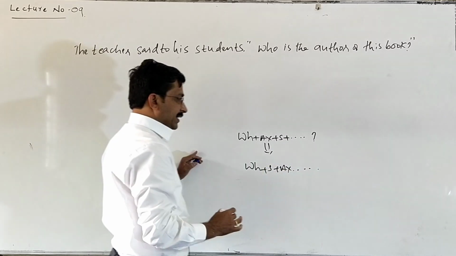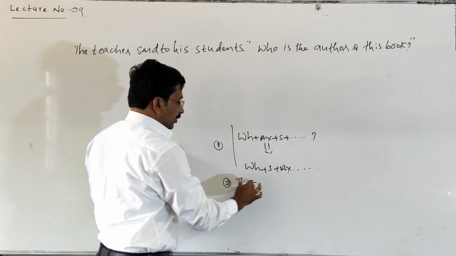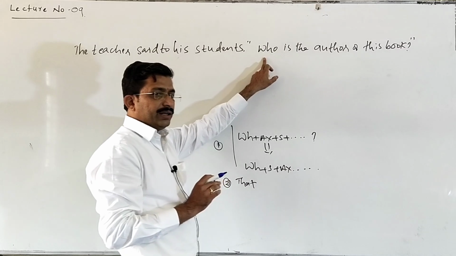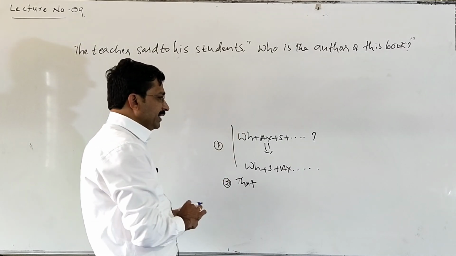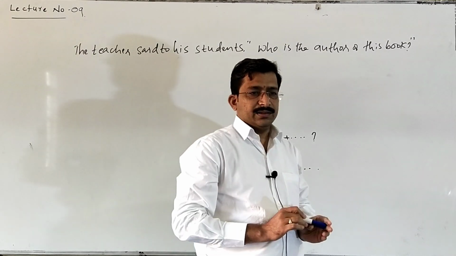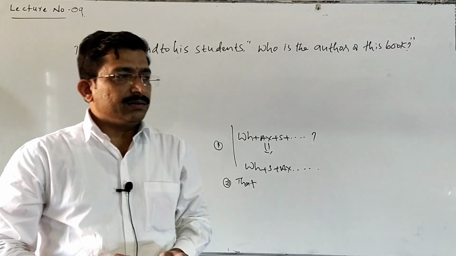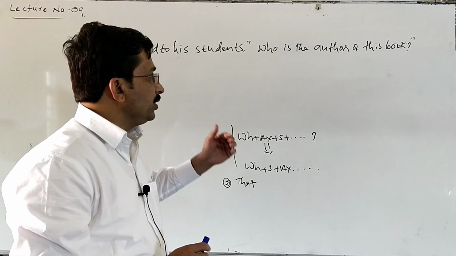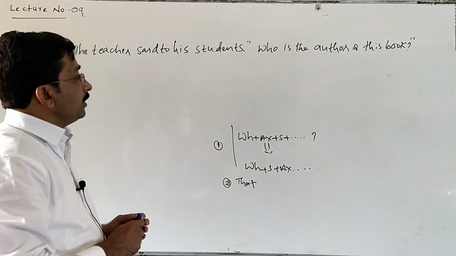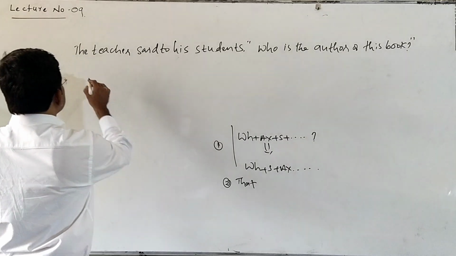So for an assertive sentence, first one, we should not use that, in case of WH or S. The remaining rules will be applied the same. And if it is a yes or no question, there we have to use whether or if. So here, when we change it to indirect.